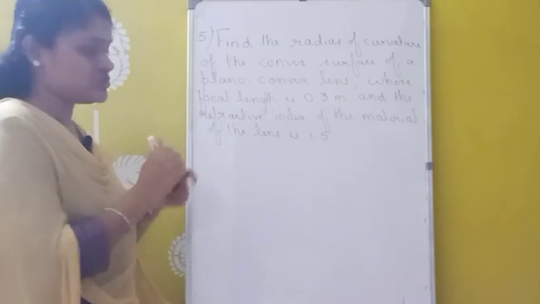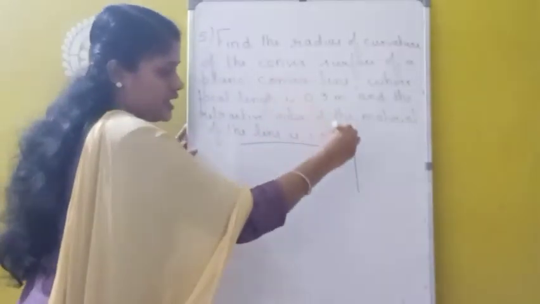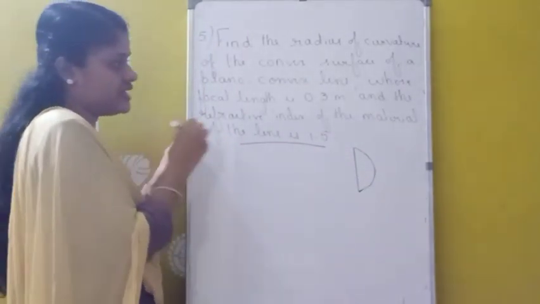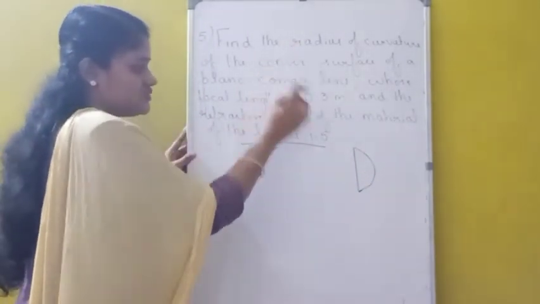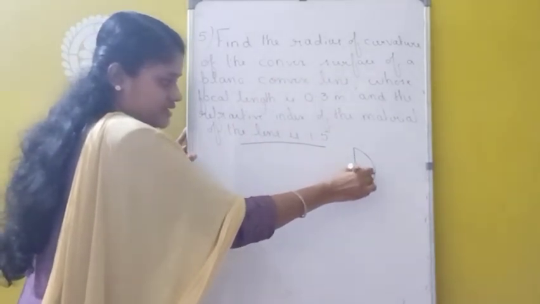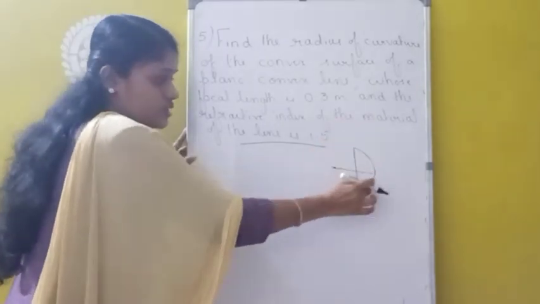That is, one side is plane and the other side is convex. We have to find the radius of curvature of this convex surface.